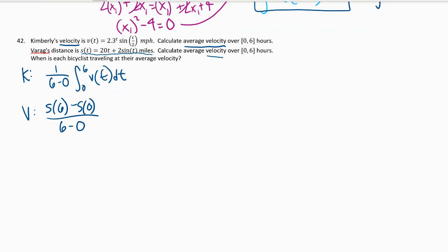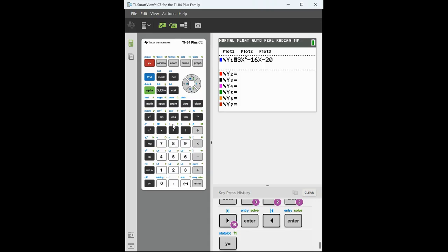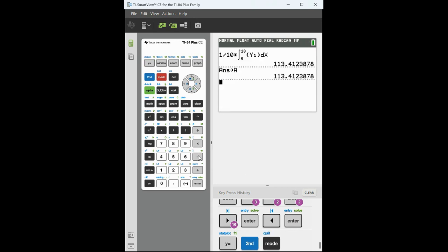Okay, so in one I have to use the integral formula. In the other one I am using the slope formula. Okay, and then I would just plug that into my calculator, which I will show you here in a second. So what I am going to do is calculate my average velocity for Kimberly.